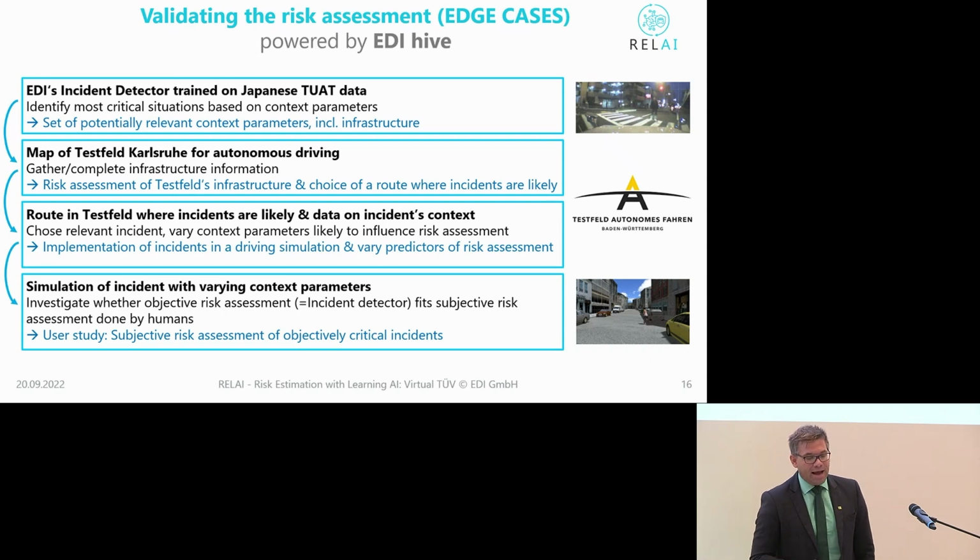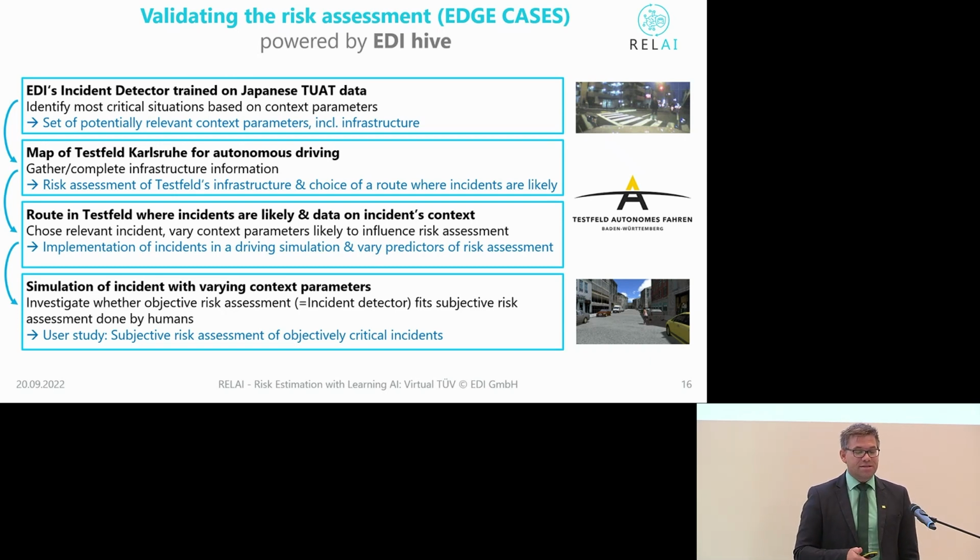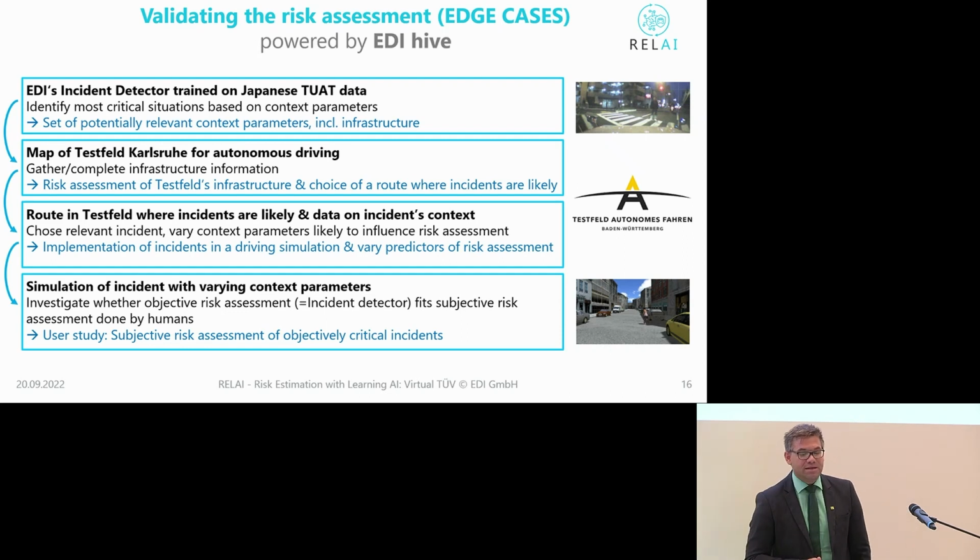So I will also summarize the validation step. We had this data from TUAT. We also have the nice possibility here in Karlsruhe with the test field for autonomous driving, so we were searching for places which are exactly what we saw in the Japan TUAT incident database.